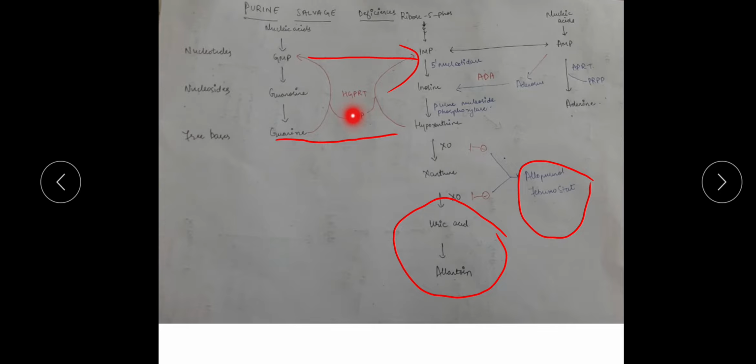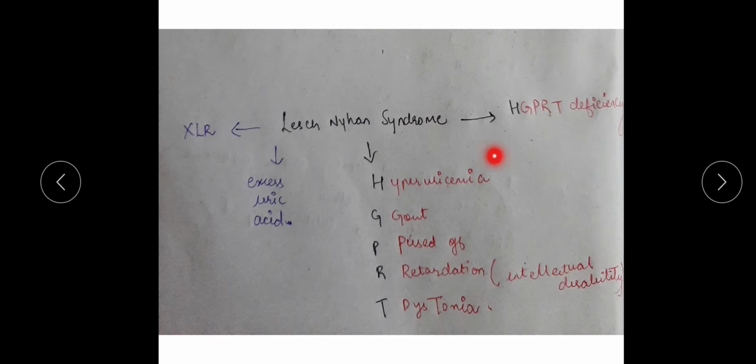The HGPRT enzyme converts guanine to GMP and hypoxanthine to IMP. Suppose this is not converted back, what will happen? There will be increased hypoxanthine and increased uric acid production if this enzyme is absent. That enzyme deficiency is called HGPRT deficiency, Lesch-Nyhan syndrome.